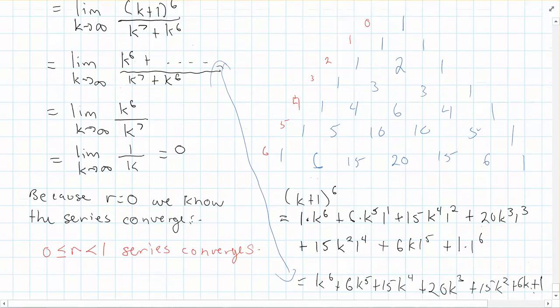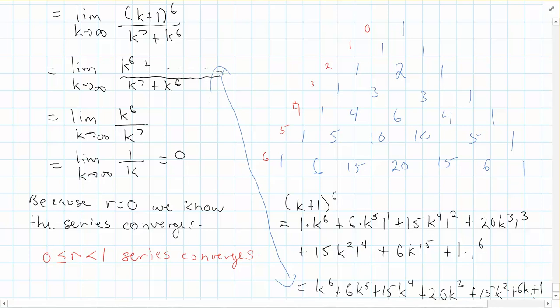You can tell that just by looking, since you know you're going to have k^6, so that's the highest degree term. Plus there's a bunch of other gobbledygook here, but because I'm doing a limit, I don't really need to care about that stuff. But this is actually what it would be, and this is called Pascal's triangle.